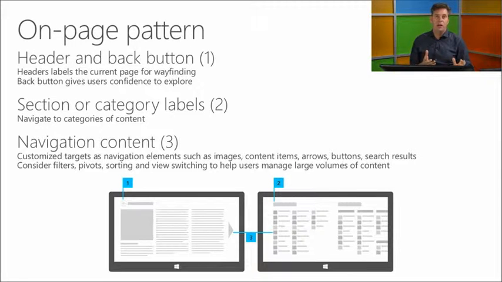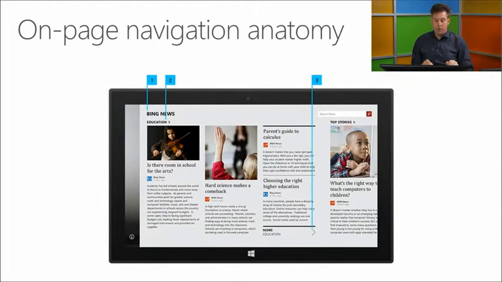And of course, the content itself. When there's an article there and I tap on it, I'll go to the details and see the full article or the picture, whatever the content is. That's very understandable for the user, and very easy for them to see and use in the application. So those are the parts of an on-page pattern.